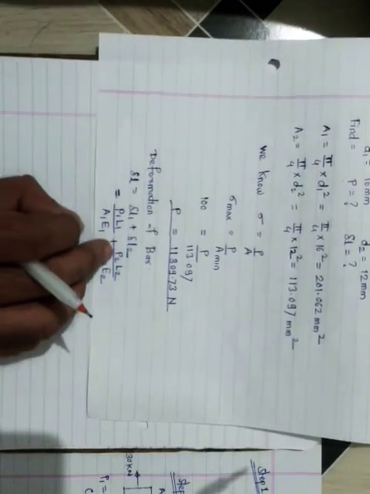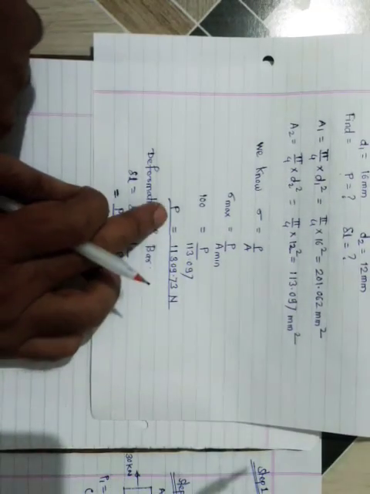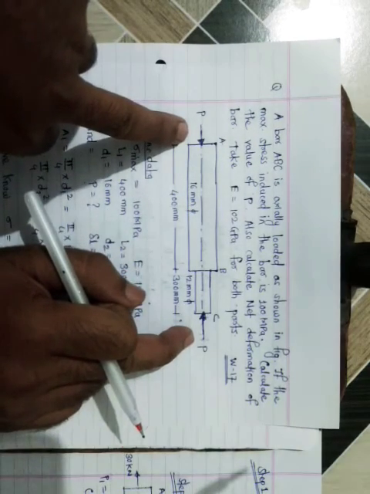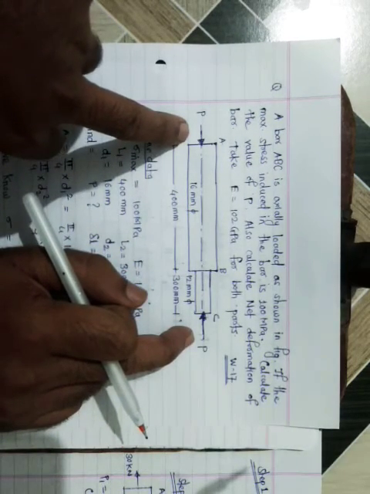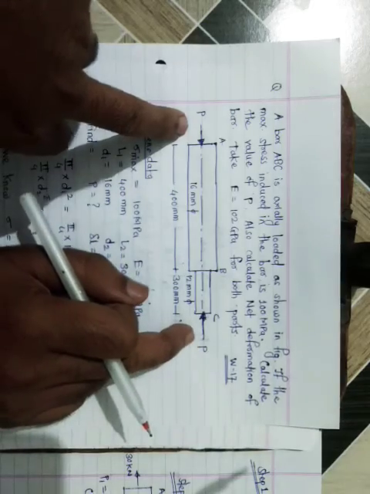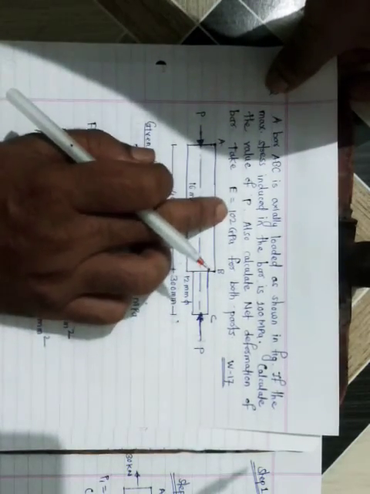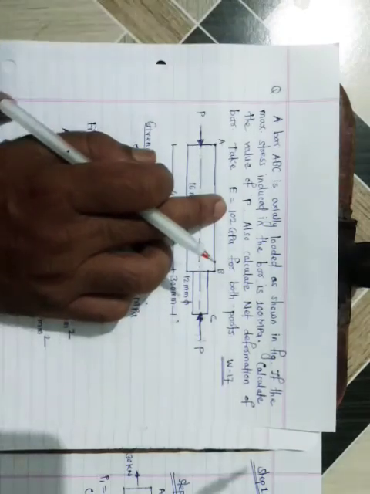Here the values of P1 and P2 are the same because there is only one common P. The value of E is also the same for both parts.